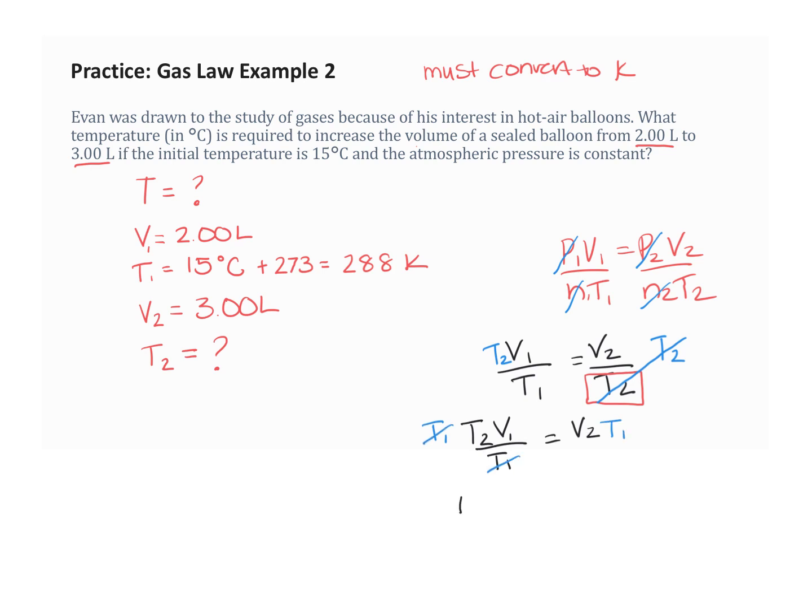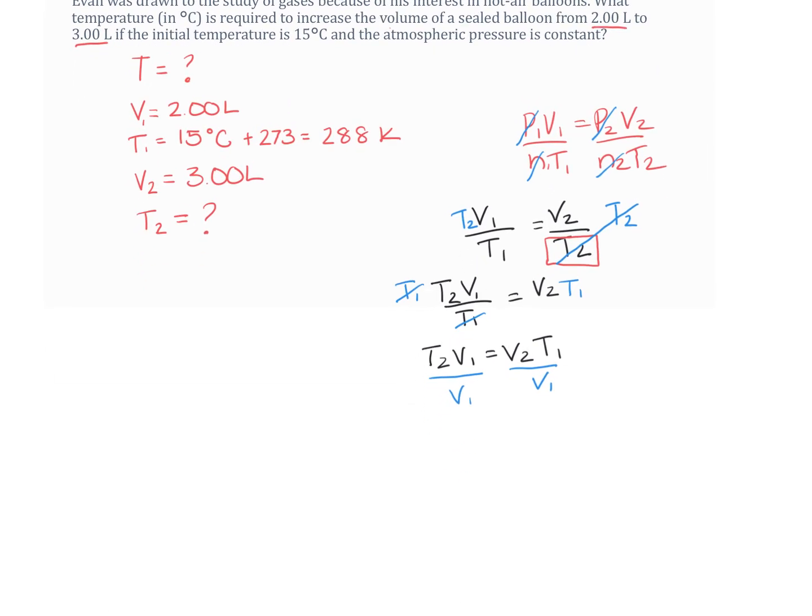So now you have T2 V1 equals V2 T1, and then you divide both sides by V1. That's what I particularly like. There are a lot of different ways to do this. Choose the way that makes the most sense to you.